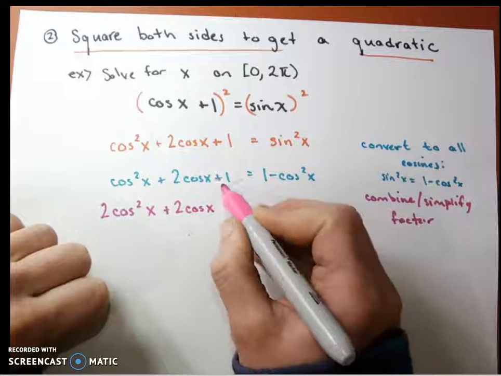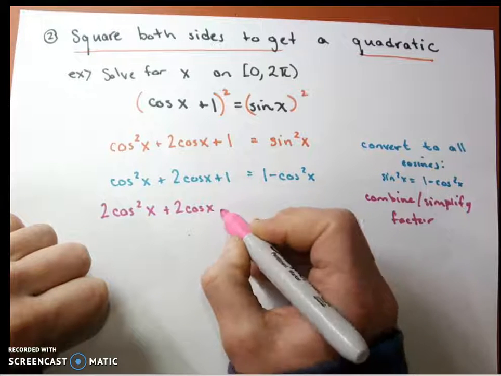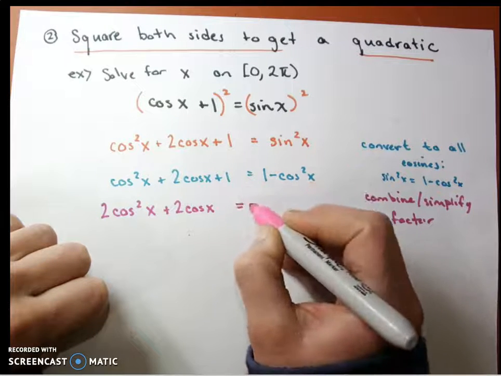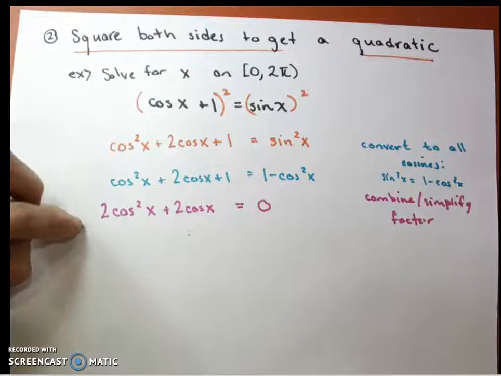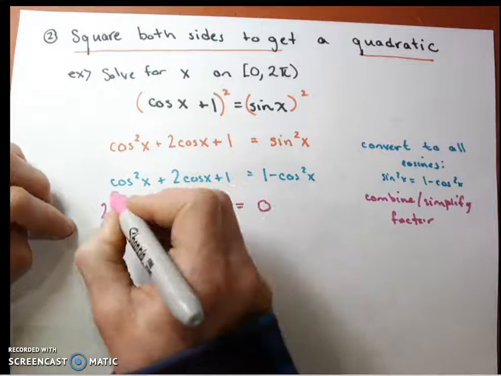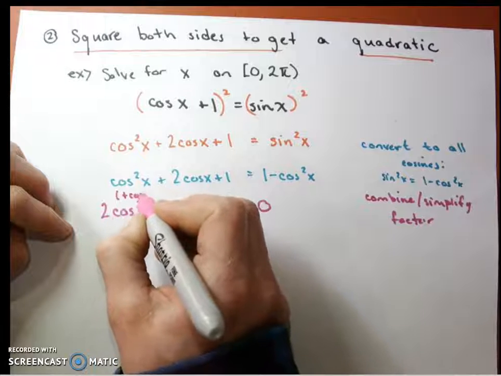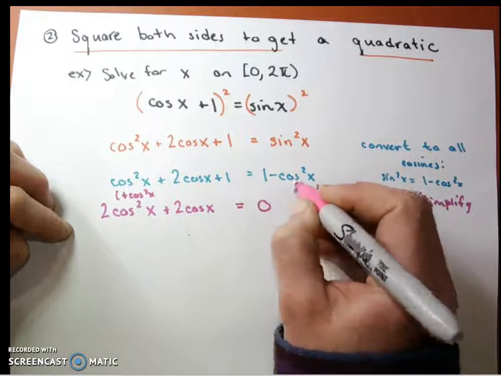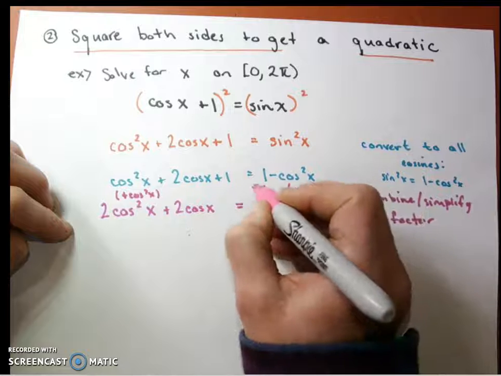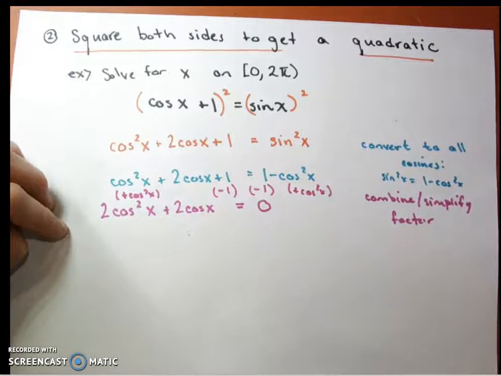And I have to subtract 1, so 1 minus this 1 is going to be 0. So I don't have a constant term anymore. Let me just write what I did here: I added cosine squared x to both sides, and I subtracted 1 from both sides.